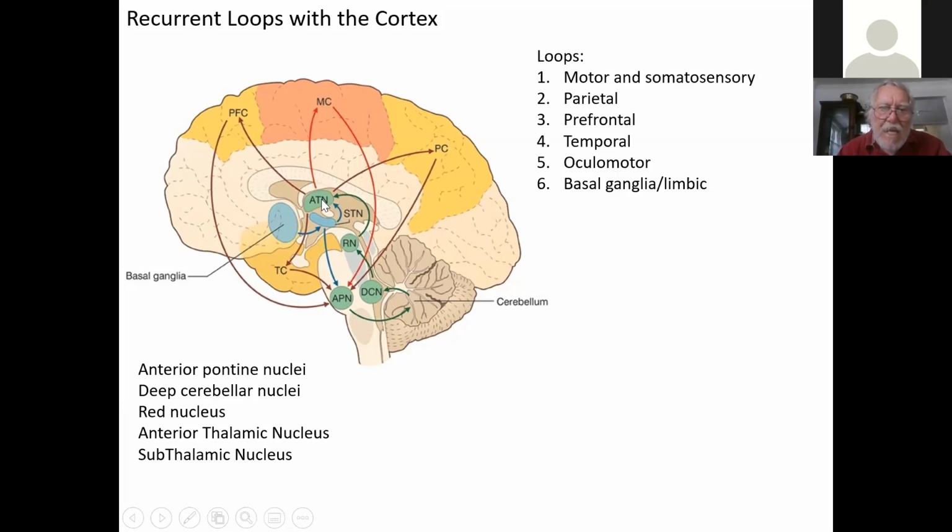Again, it's feeding input into the AV nucleus of thalamus, that's further modulating this, as well as going to the anterior pontine nuclei that basically then allows one to maintain arousal and attention. And all of this stuff gets fed back into the cerebellum and then fed out again through the deep cerebellar nuclei, and the loop goes on and on.